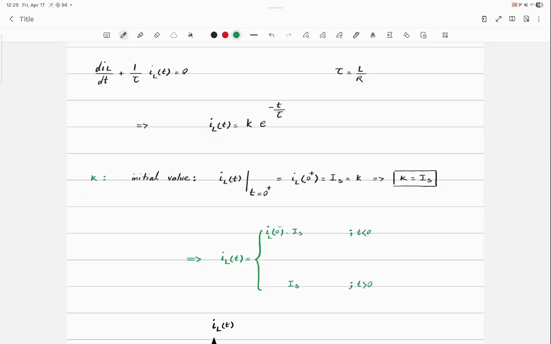IL 0 negative is equal to IS, and here is IL 0 positive e to the power of negative t over tau, and that is equal to IS e to the power of negative t over tau. They are the same. It's for every time. And what is tau in this specific circuit? L over R.